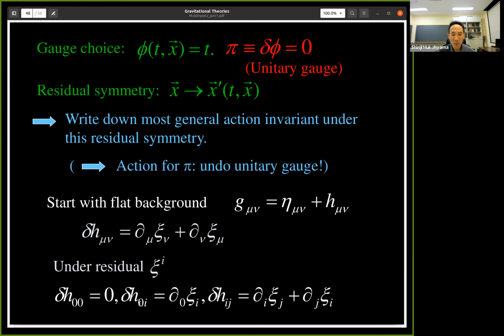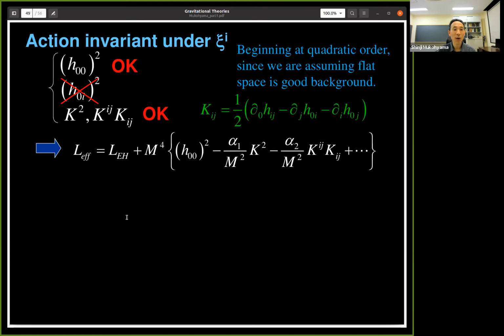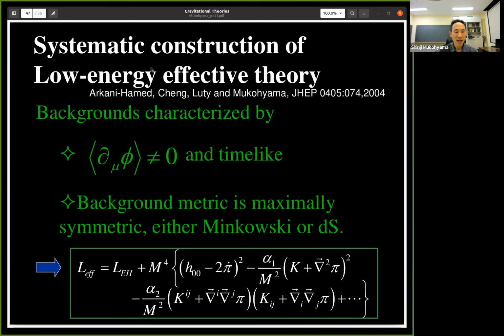And the h_0i component changes like this, with just one term, since the other is 0. The h_ij component transforms like this, and both terms contribute. So now h_00 is invariant, so we can use h_00 in the action. But we need to consider h_00 squared, because we assume that the background metric is Minkowski.